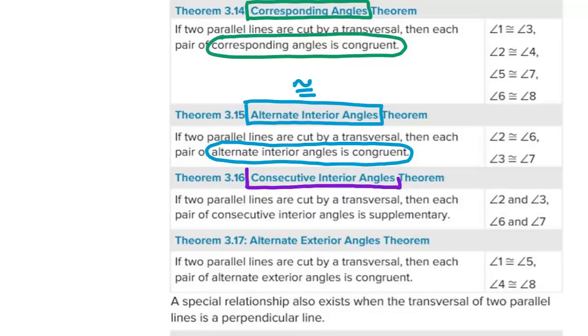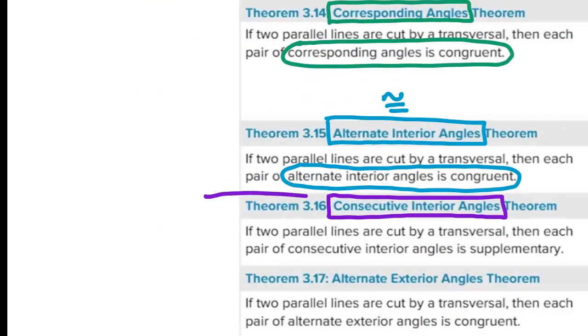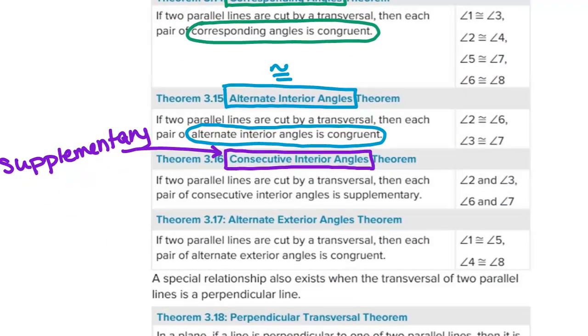Consecutive interior angles are supplementary. If 2 parallel lines are cut by a transversal, then each pair of consecutive interior angles is supplementary.